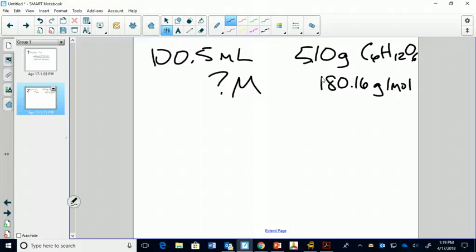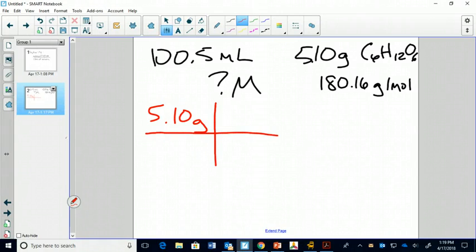Are you comfortable with that? So, let's try it. 5.10 grams, and I'm changing it from grams to moles. So, will that 180 go on the top or on the bottom? How do you know? Here, that goes there, right?